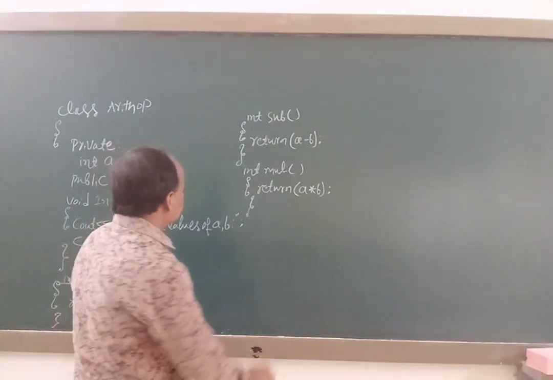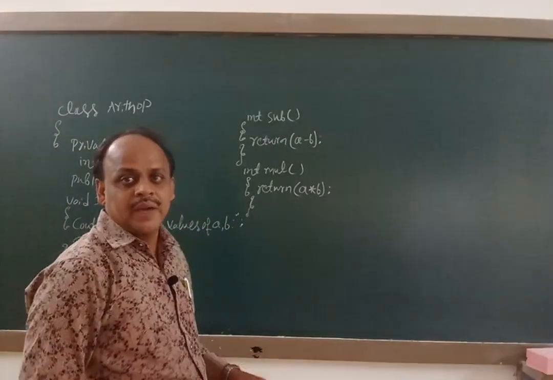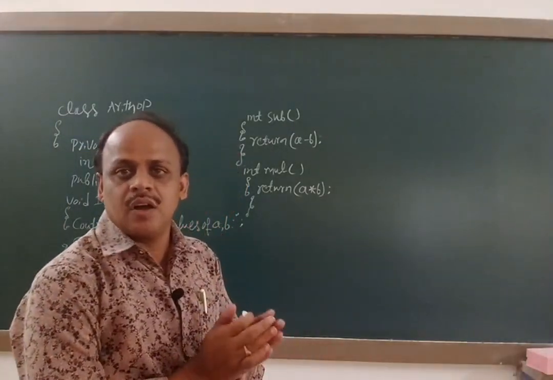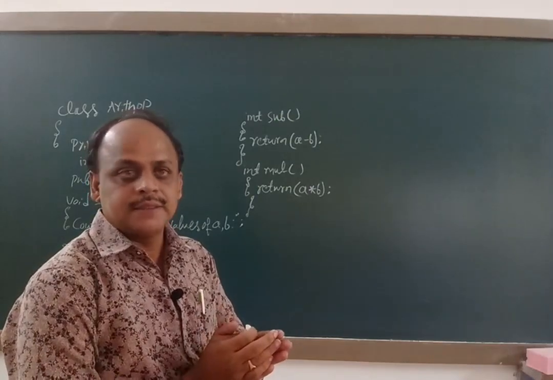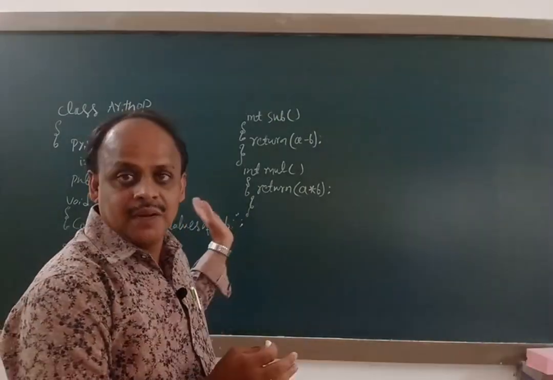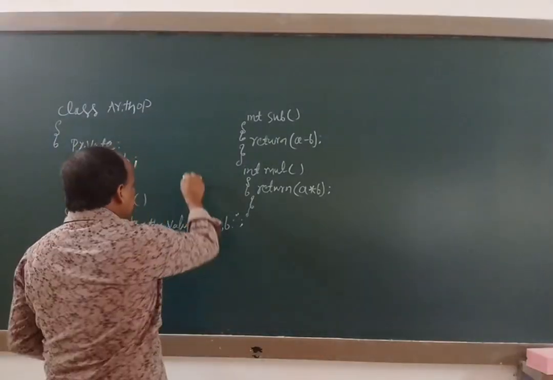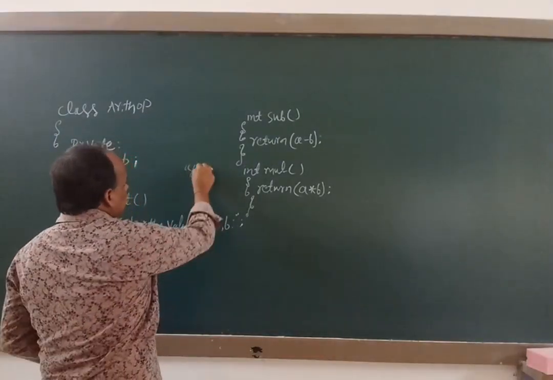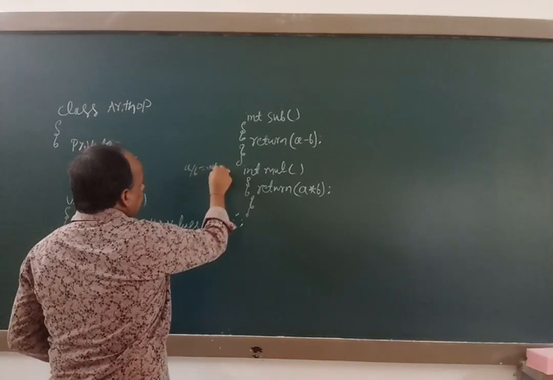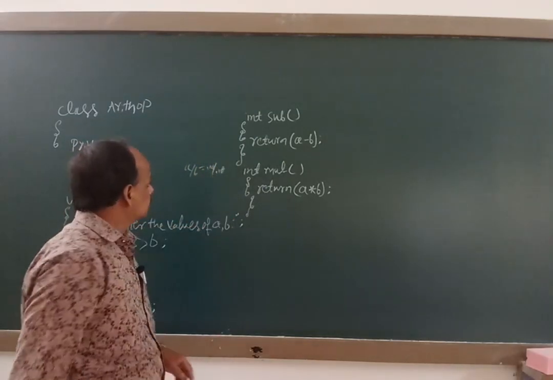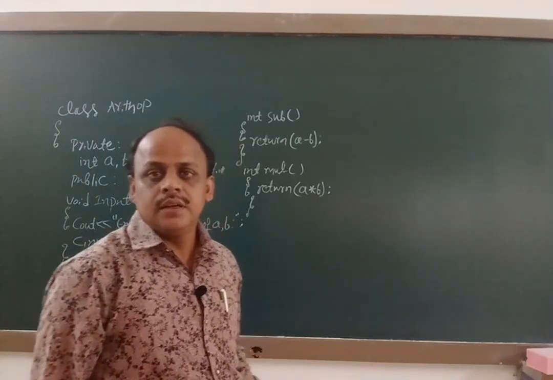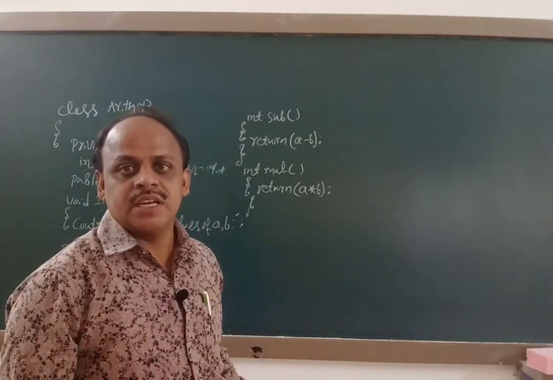Division, right? So you see here, whenever you are going to perform division on given two numbers, and the given numbers are integers, a and b are integers, right? So a by b means int value by int value, it gives int only, we know the first year concept.